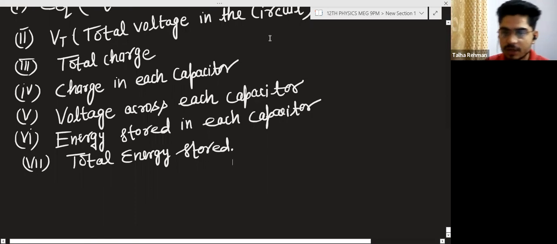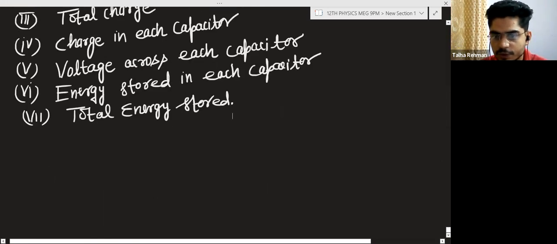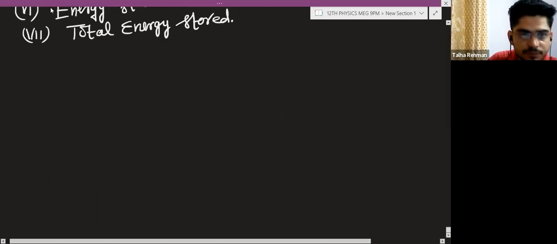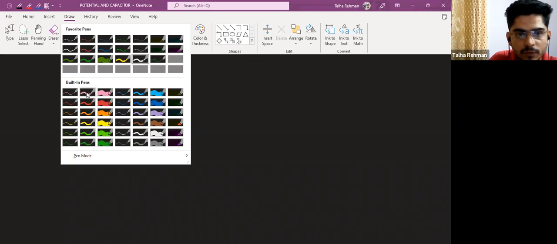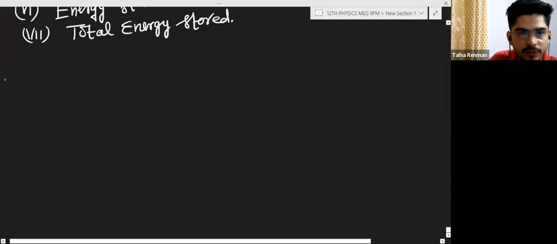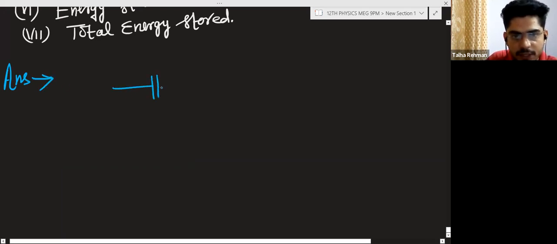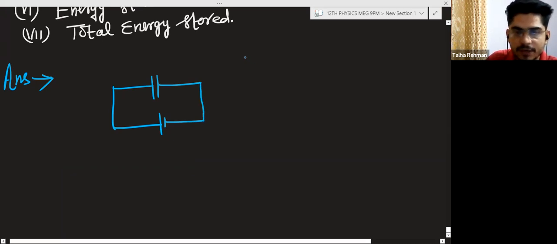So what I am going to do here, see here, I will take a single equivalent capacitor, and I will calculate C equivalent.